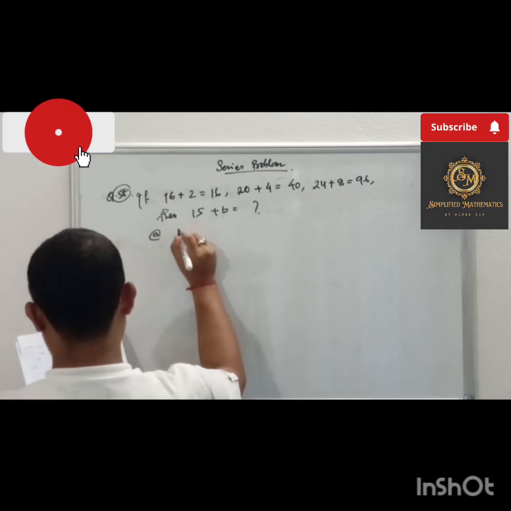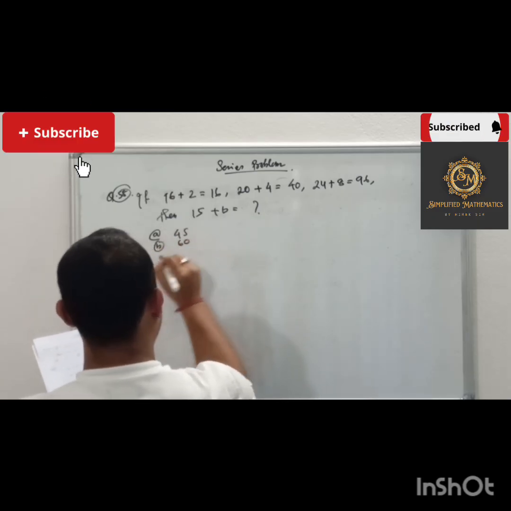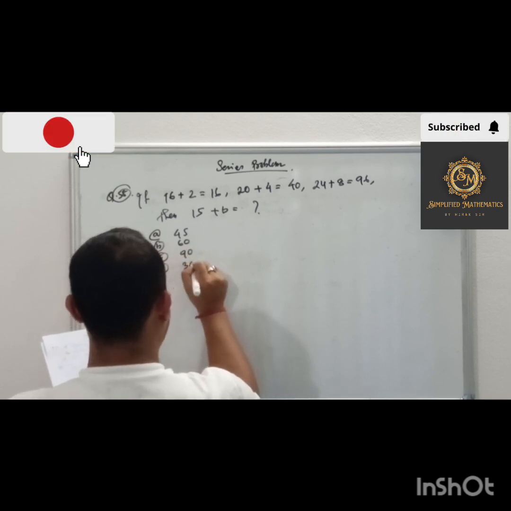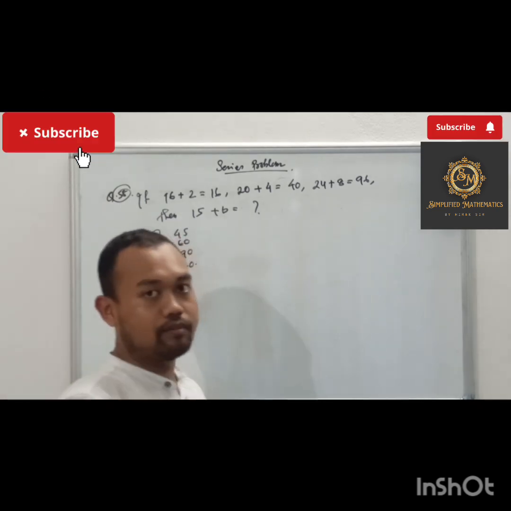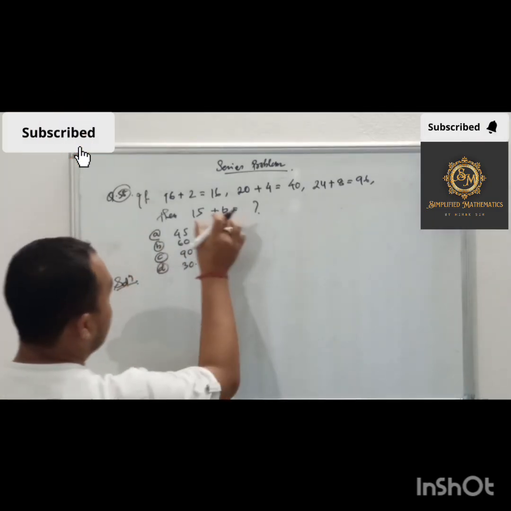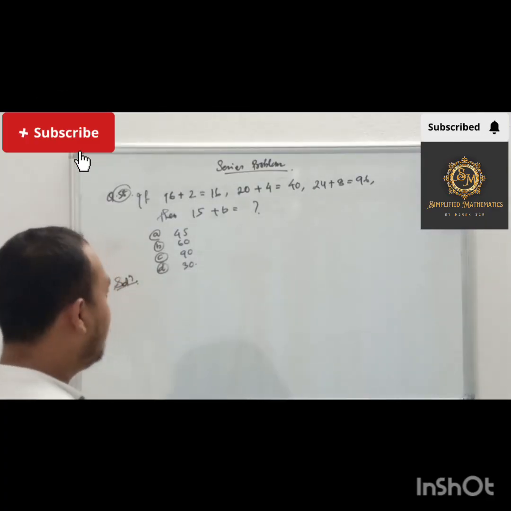The options are: A is 45, B is 60, C is 90, D is 30. So we are asked to find the value of 15 plus 6 if we have this type of relation.